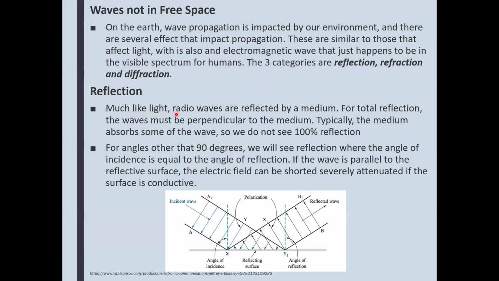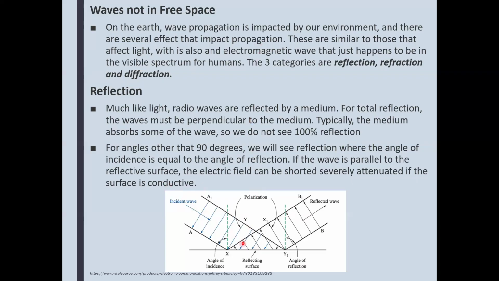So let's say, much like light, radio waves are reflected by a medium. For total reflection, the wave must be perpendicular to the medium. If you want the light or the wave to be reflected straight back in total reflection, it has to hit the surface straight on, and it's going to be totally reflected.